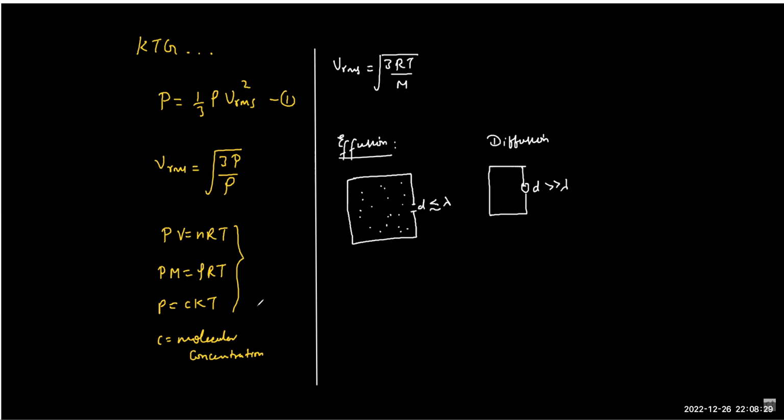And you can clearly see that effusion we can understand because the formula is root of 3RT by M. So for a given temperature, the RMS speed is what? It is proportional to the square root of the inverse of molecular mass, right? Because it is inversely proportional to the molecular mass, which means the more the mass, the less the speed.